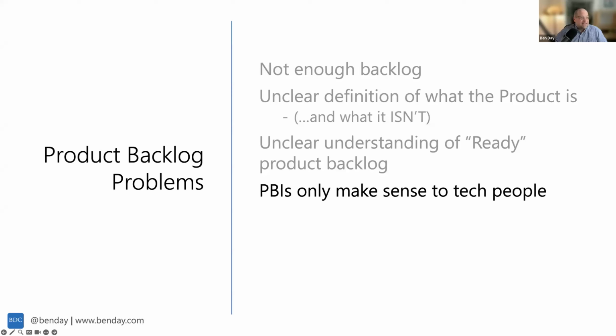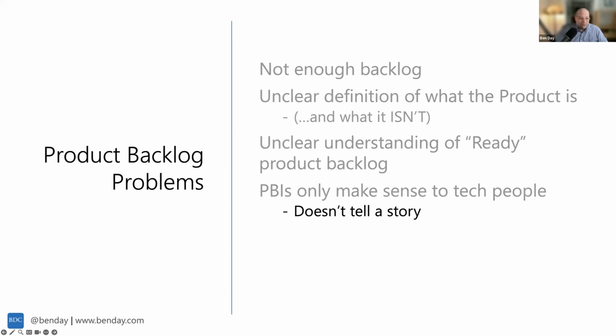Another mistake that I see a lot with product backlogs is that you have requirements, PBIs, that only make sense to the technical people. Now, we oftentimes call PBIs user stories. They call it a user story because it's supposed to tell some kind of story. It's not supposed to be just, oh, we need to implement this stored procedure and then implement this service endpoint.